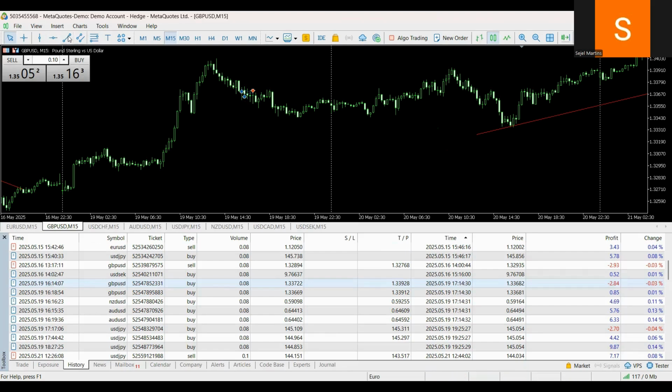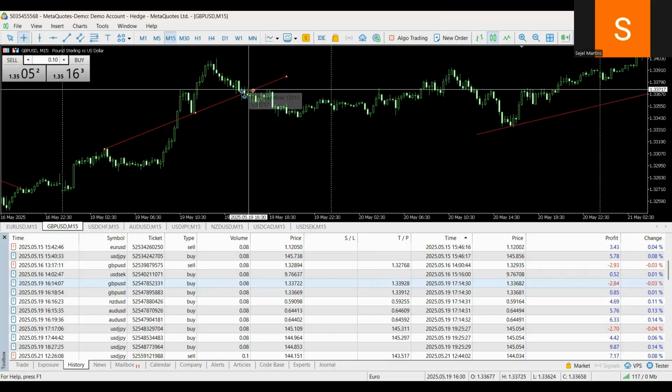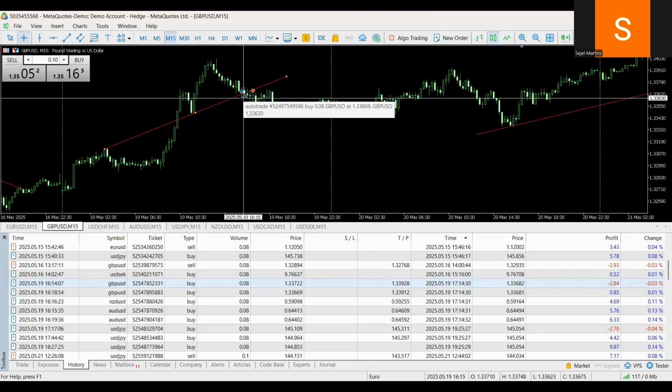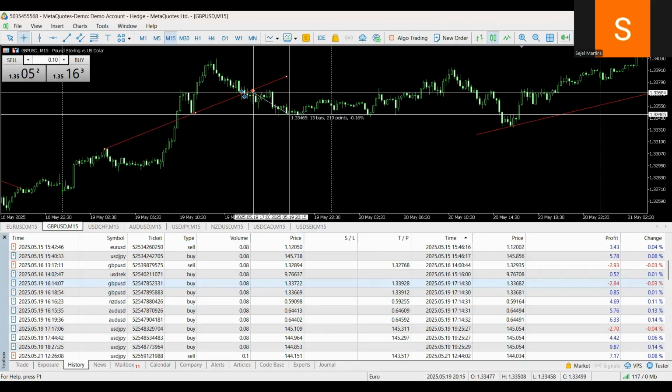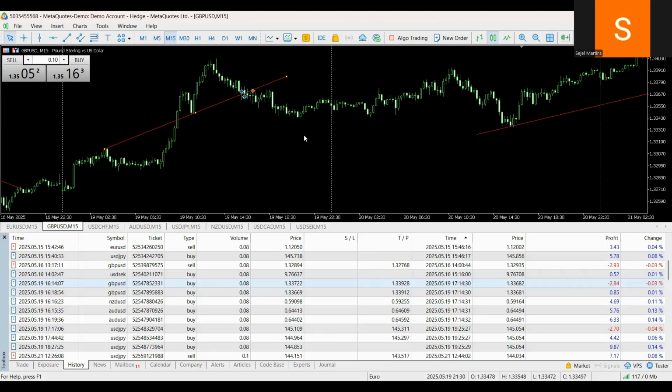The thing I was looking for is resistance turning into a support. If I had closed this trade over here, I could have taken a sell over here and maybe taken a few pips out of it, like 20 pips.